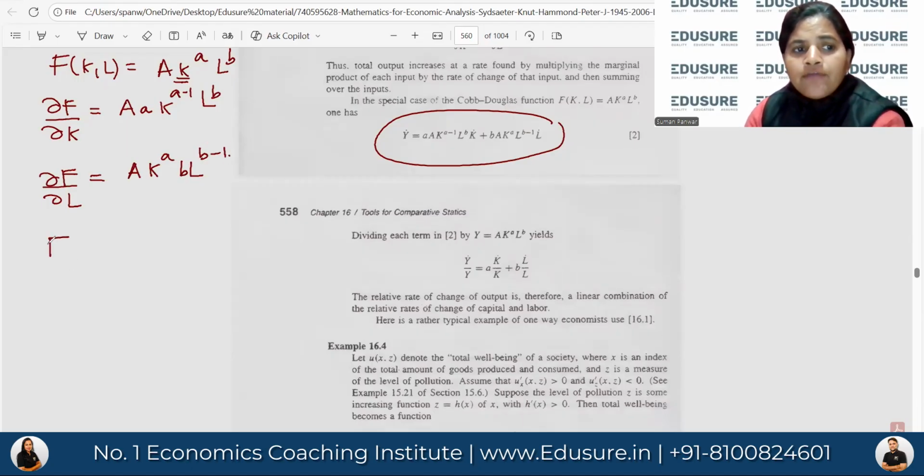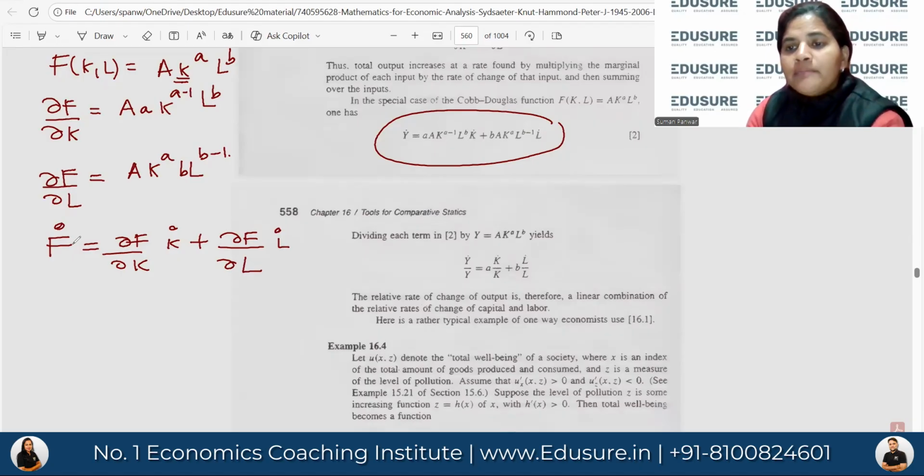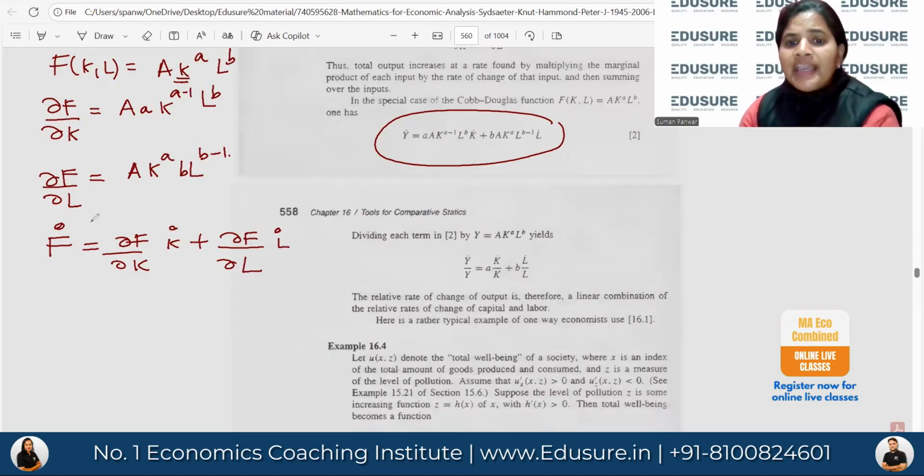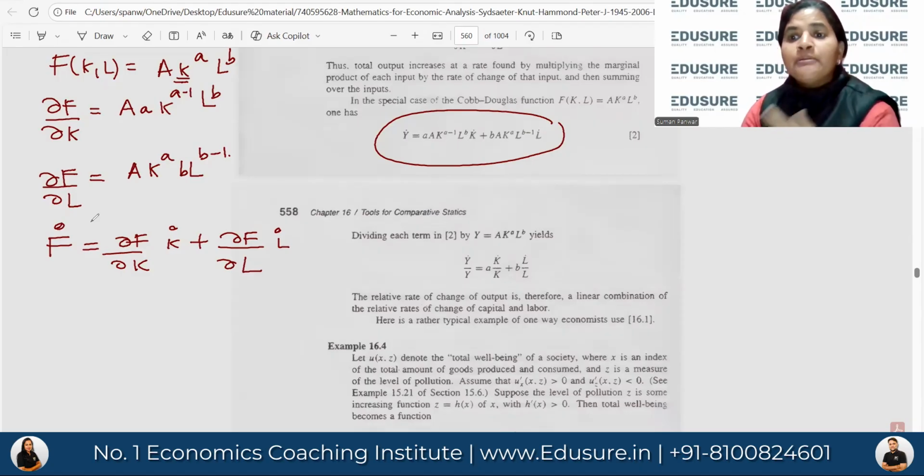So therefore, f dot should be equal to del f by del k, k dot, plus del f by del l, l dot. Remember that dot means I am differentiating with respect to some variable. For example, that variable is t, and capital K and capital L depend on some other variable t.